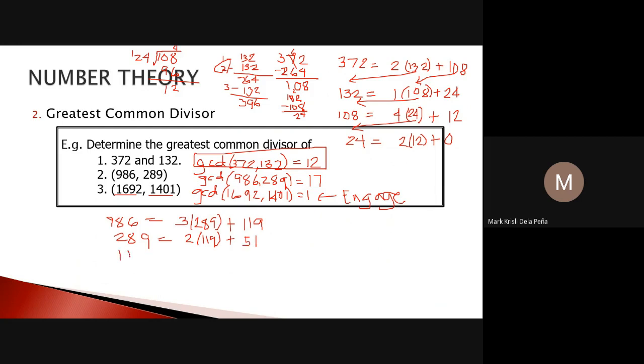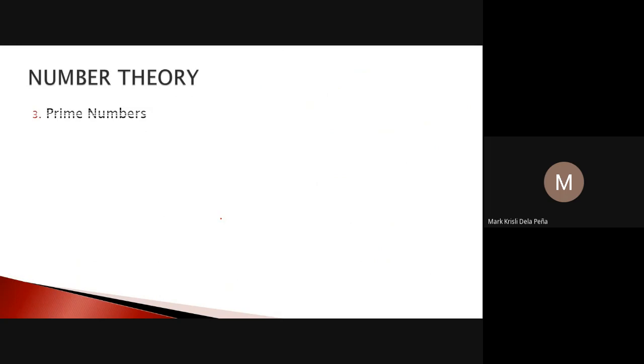Next, 119 is equal to a quotient multiplied by 51. So that's 2, I think. Yeah, 2 plus 17. Last, 51 is 17 times 3, and the remainder is 0. Therefore, our GCD is 17. Okay, that's finding the greatest common divisor.